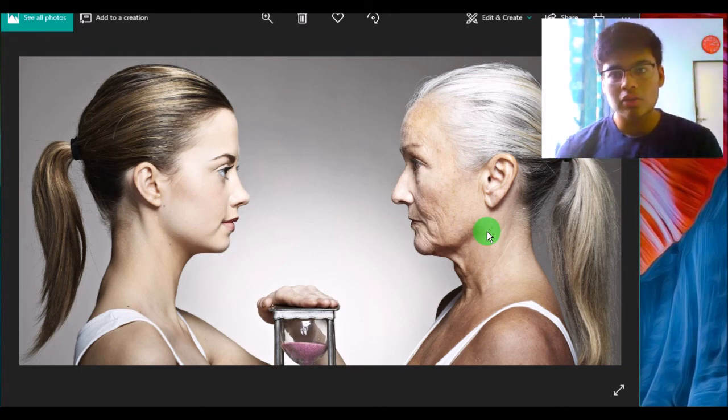But that's not totally true, because there are some genes which are directly associated with aging. Those genes simply cause aging. So if we can use this technology to change those genes, or deactivate them, we could either stop or reverse aging.